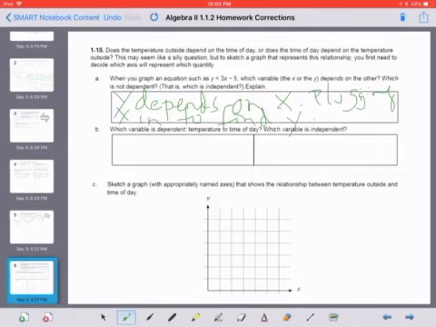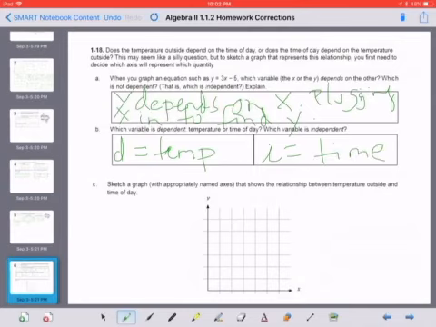So then it says, which variable is dependent, temperature or time of day, which variable is independent? So the dependent variable is actually going to be the temperature, because we're going to look for the time of day to find the temperature. So the independent variable is going to be the time.